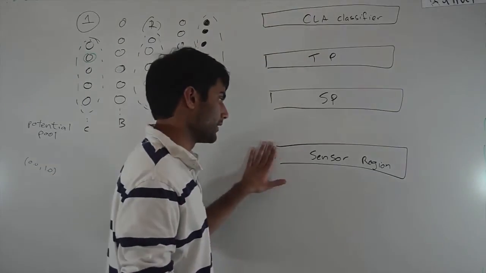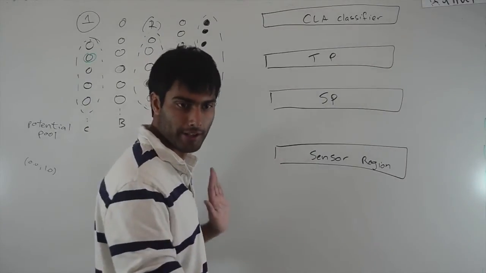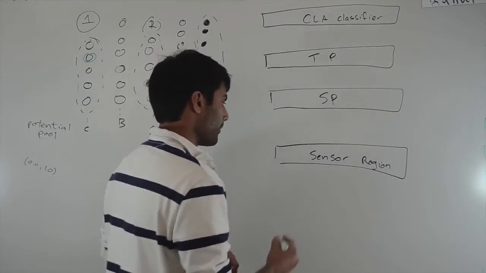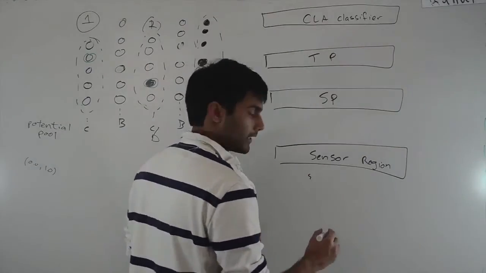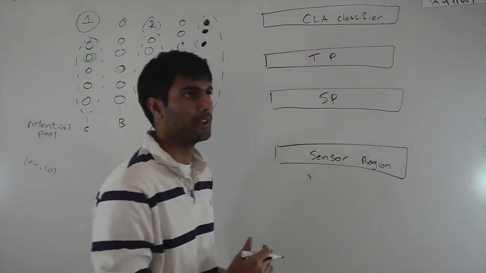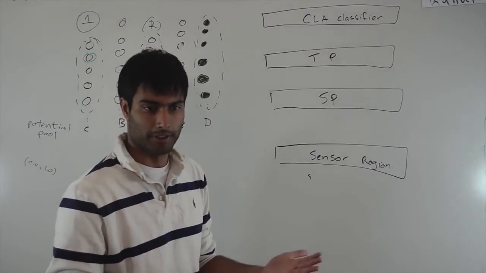So the sensor region converts whatever the input record is into that binary representation. The input to this region is a dictionary. I'm going to use the example of power consumption in a building.